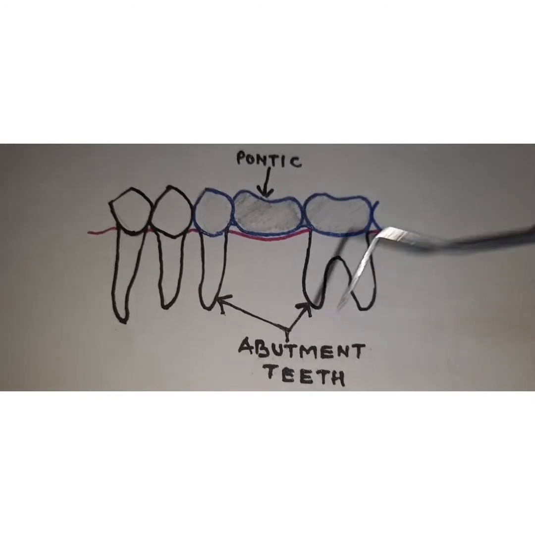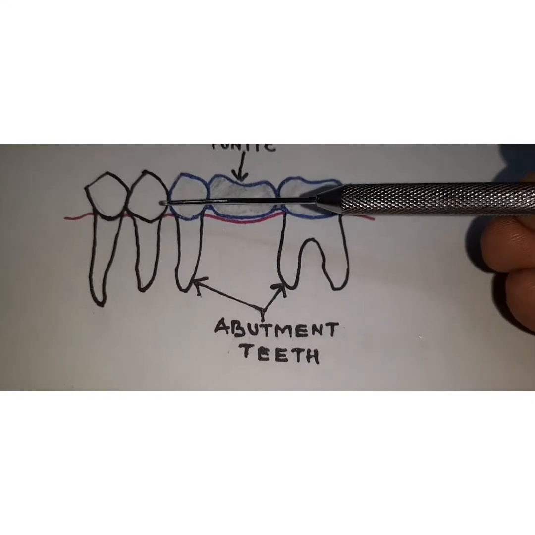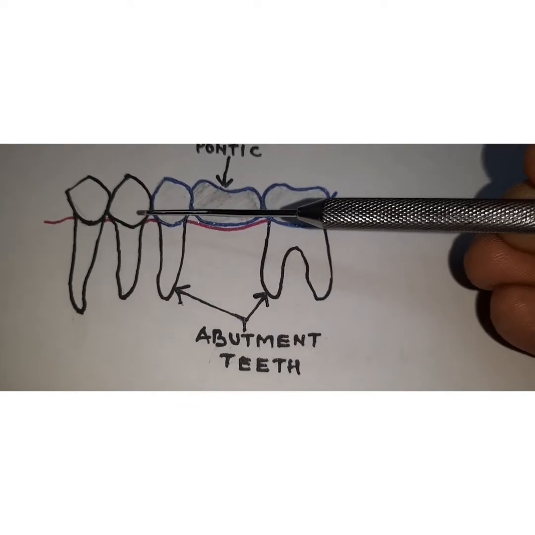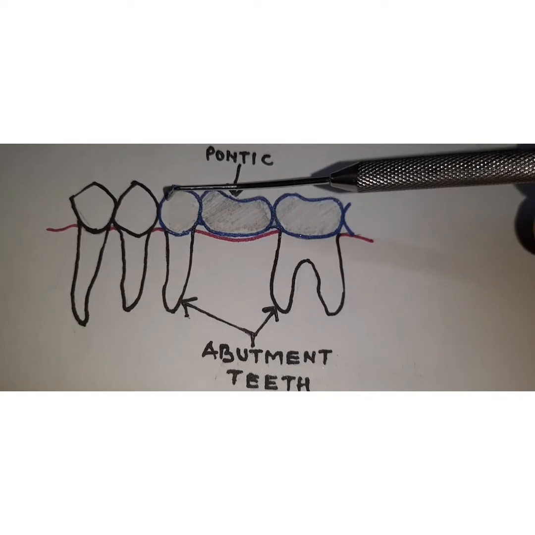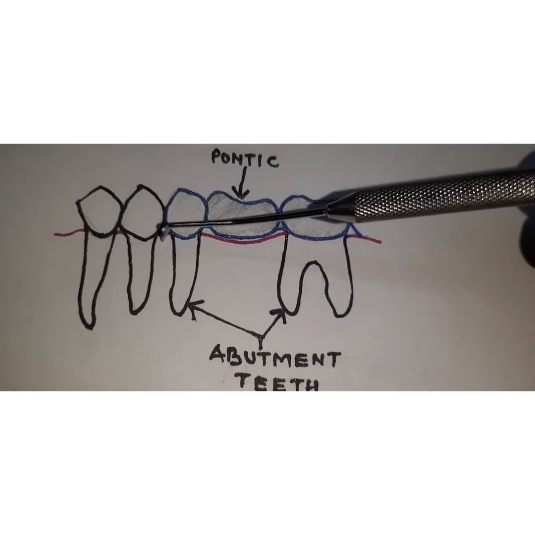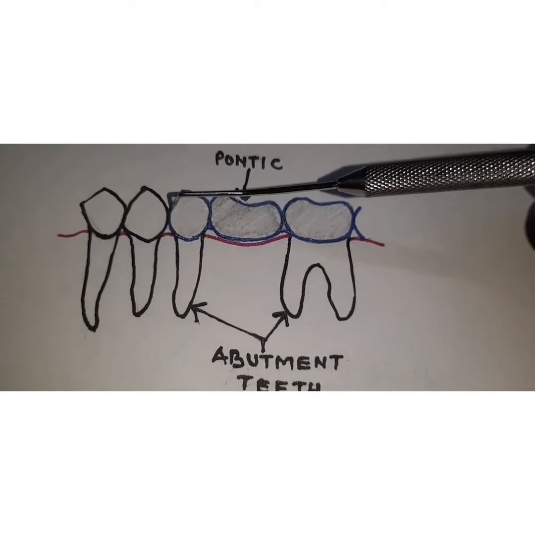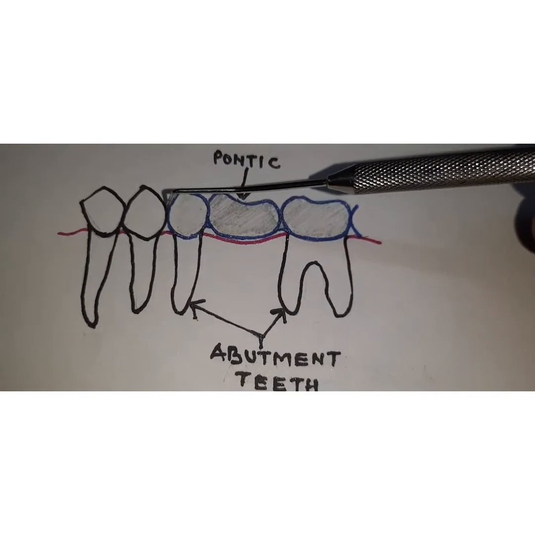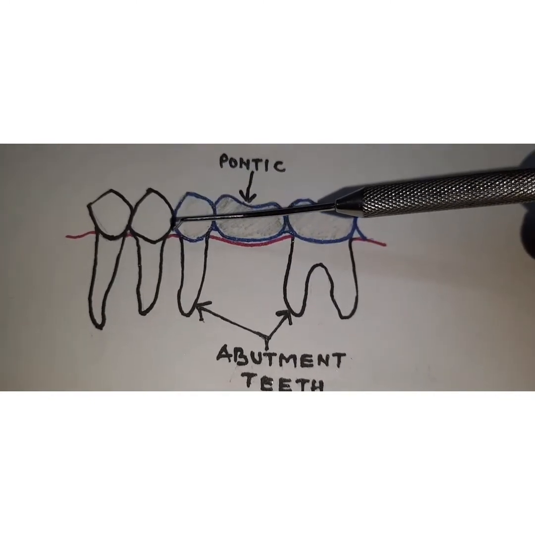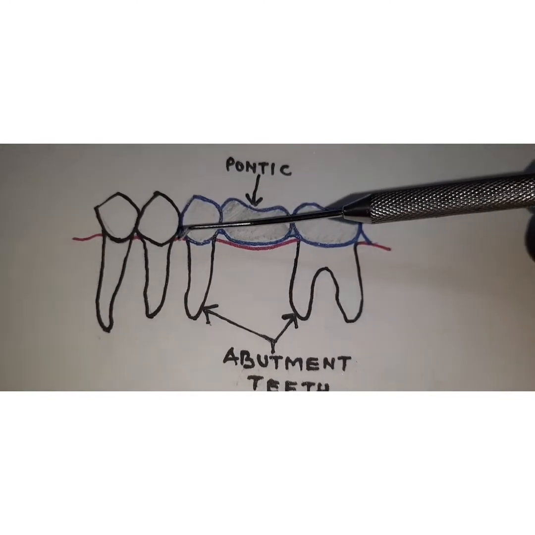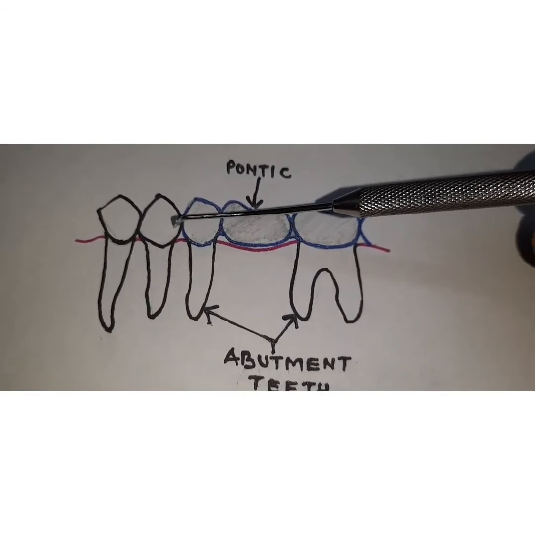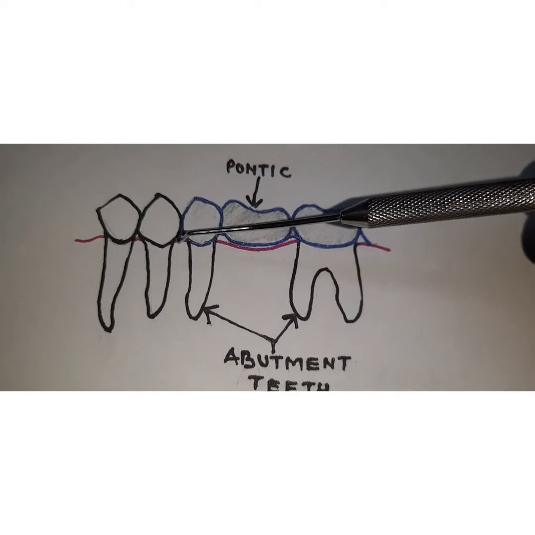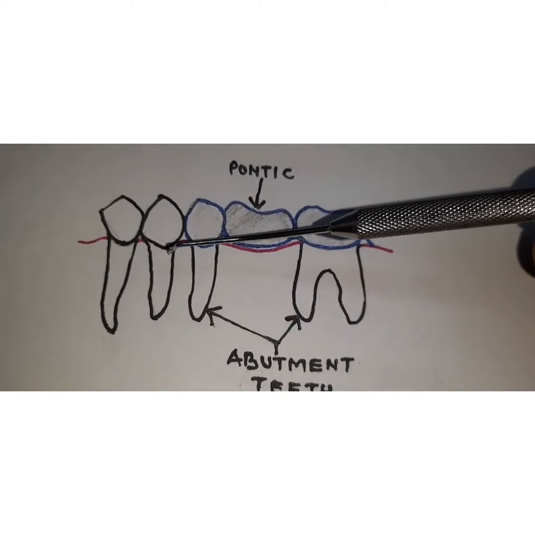Secondary caries can also occur in a tooth which is adjacent to your fixed partial denture. Suppose there is a mild gap between your fixed partial denture and the natural adjacent tooth. Chances of food lodgement will be there in this area, and definitely the patient will have periodontal problems, and you will have a cavity in this region.